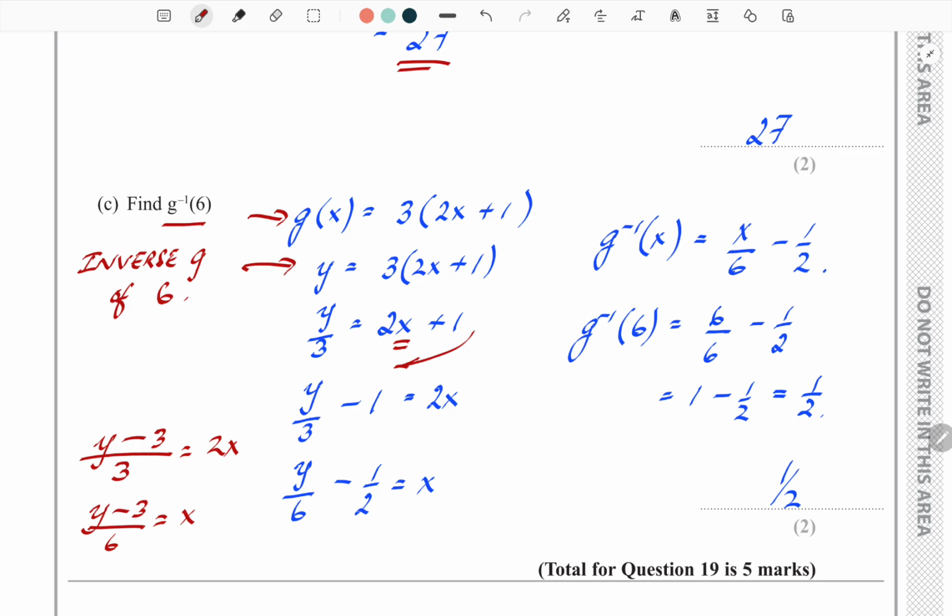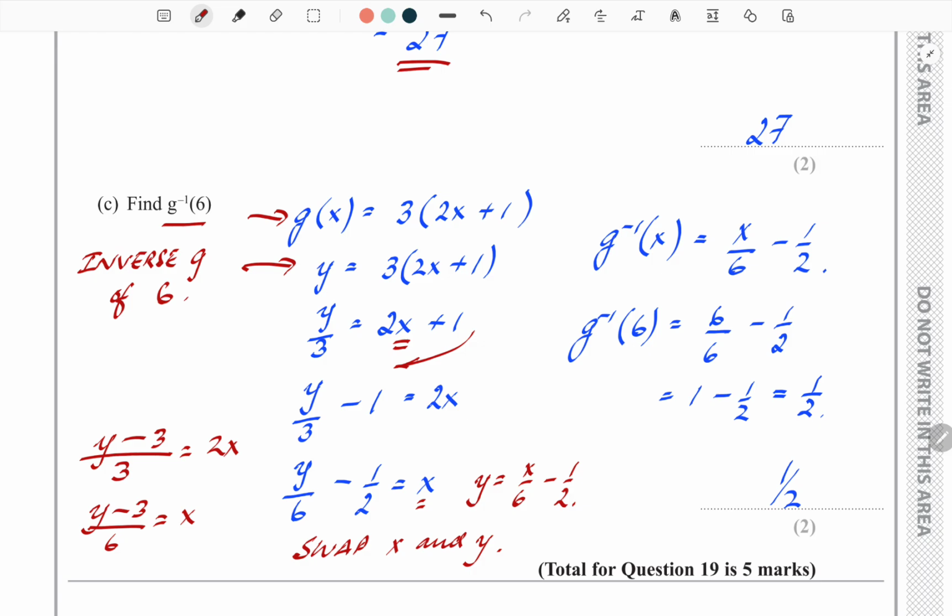So now that we know what the inverse is, we've got x whatever. Swap x and y. And so effectively x becomes the y. So y equals x over 6 minus 1 over 2.